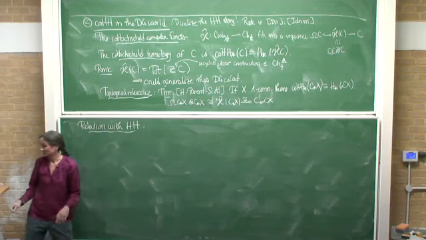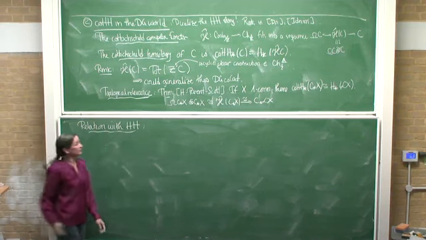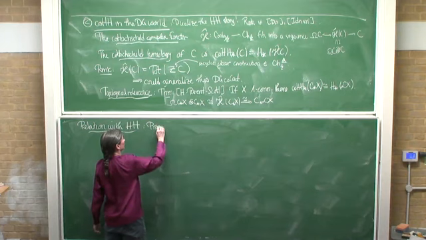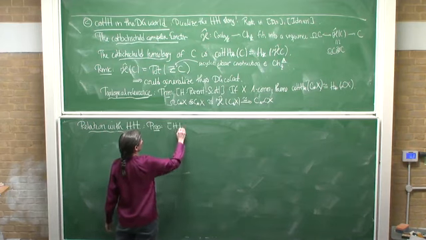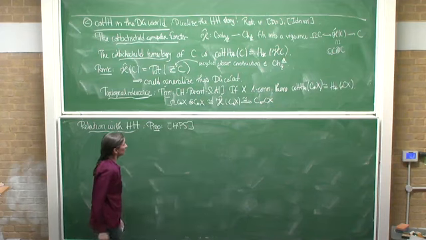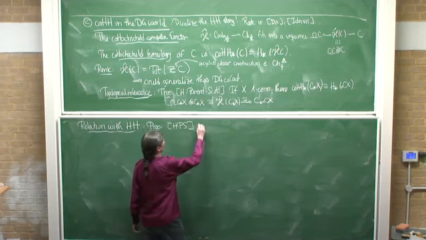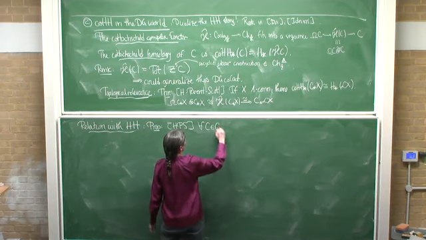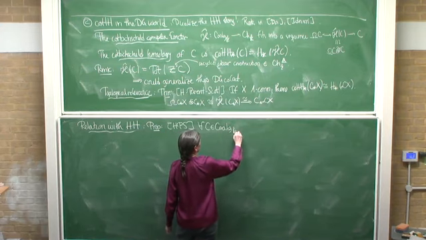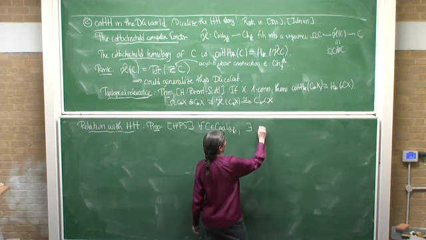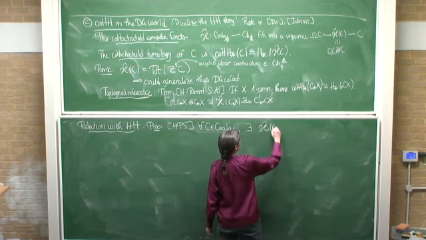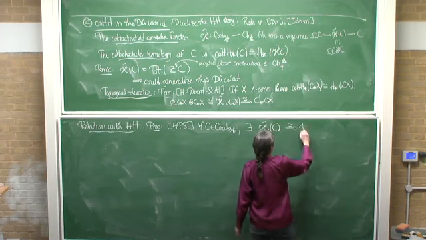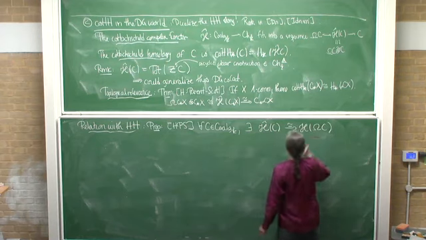So you hope that these two had something to do with each other. And indeed, a proposition by the same authors says that for every coalgebra C, there's a quasi-isomorphism from the coHochschild on C to the Hochschild on omega C.